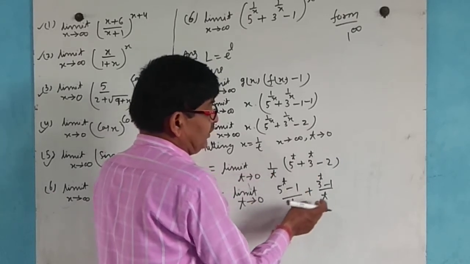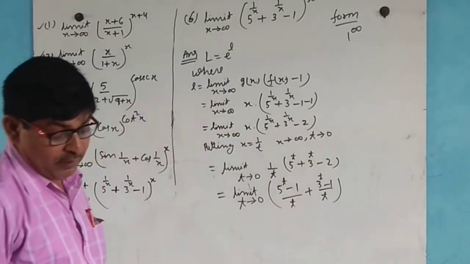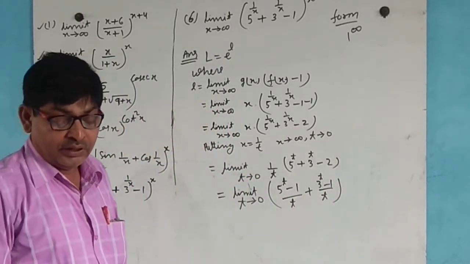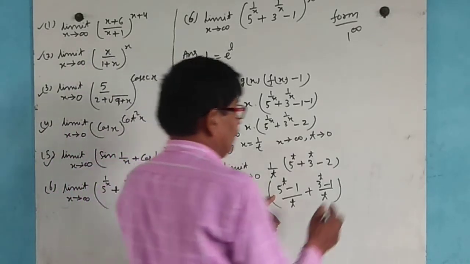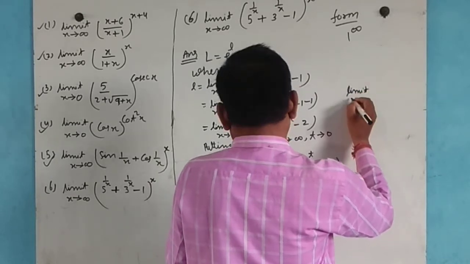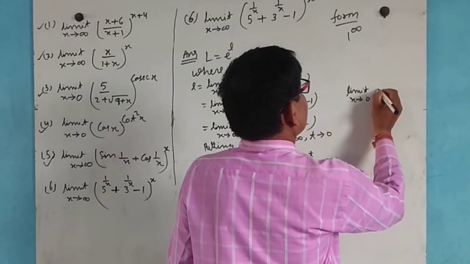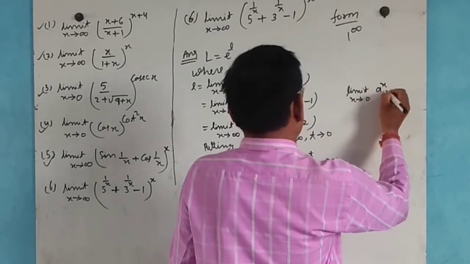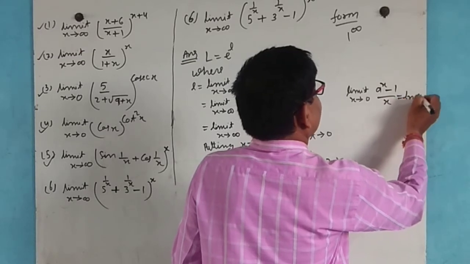This is t, this is t. Now limit x tends to 0, a to the power x minus 1 by x is equal to ln a.